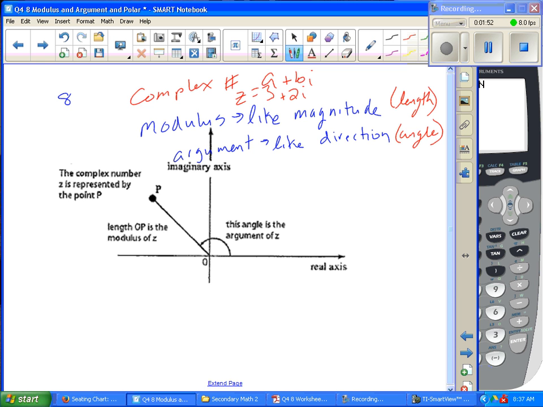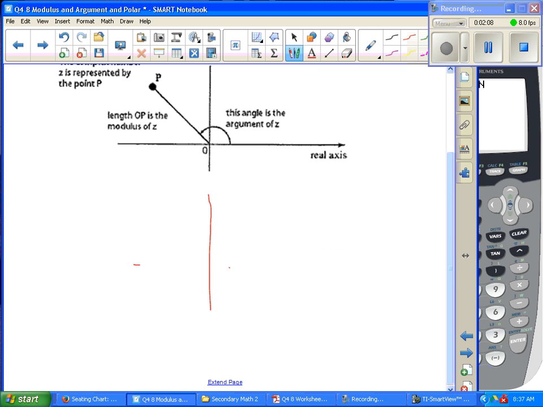So z is just something that can be written in the format a plus bi, a real number plus something with an imaginary number. Okay, so if you're given a complex number, let's say 7, you can write 7 as a complex number because 7 could be written as 7 plus 0i. So all the real numbers you're used to working with are complex numbers.